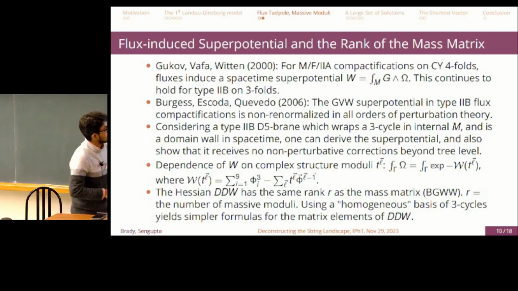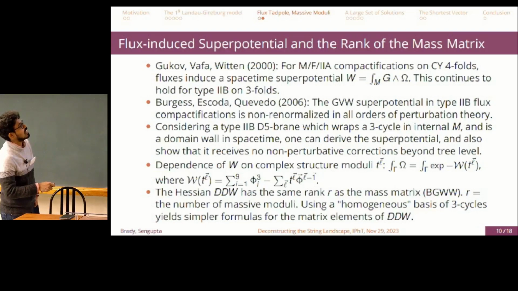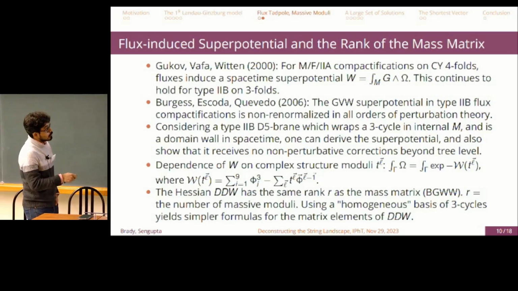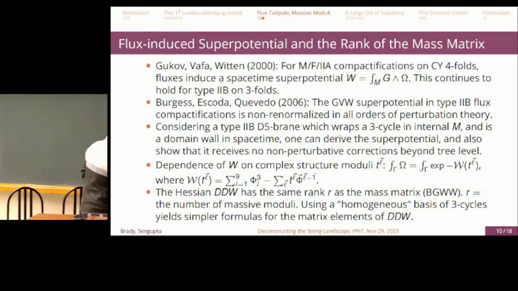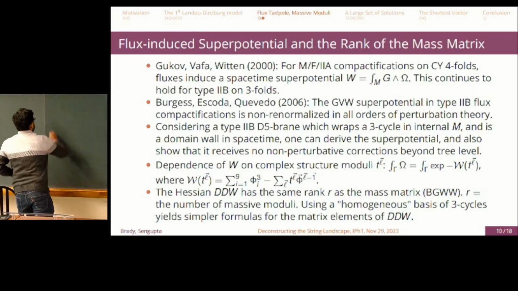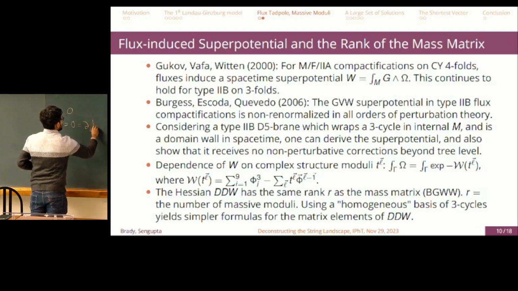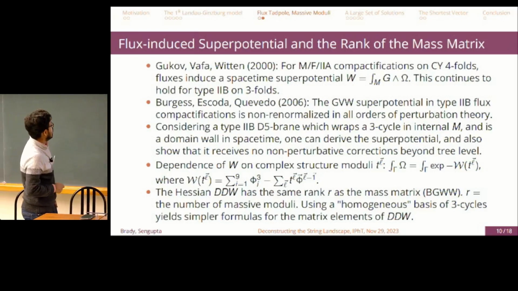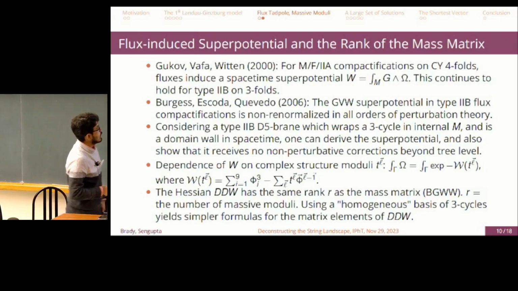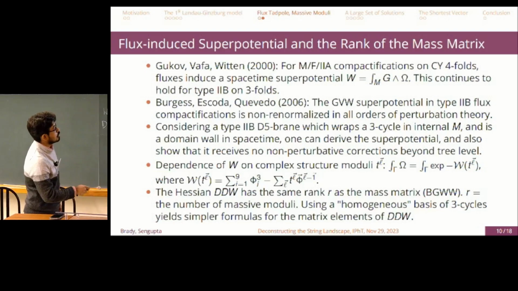And the other interesting feature that this has is that because we are looking at Minkowski solutions, essentially the condition is that W is 0, and therefore the supersymmetry condition goes to this. And because of this, we can show that the rank of the Hessian of the superpotential is exactly equal to the rank of the mass matrix.